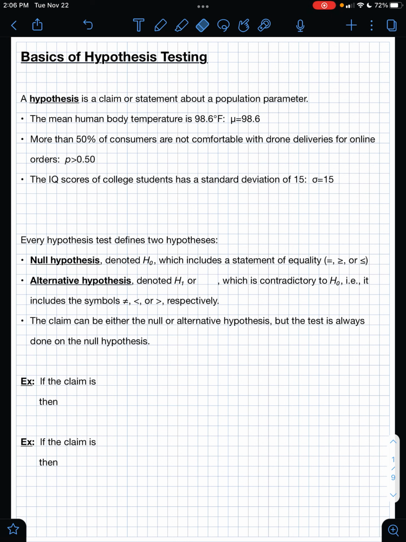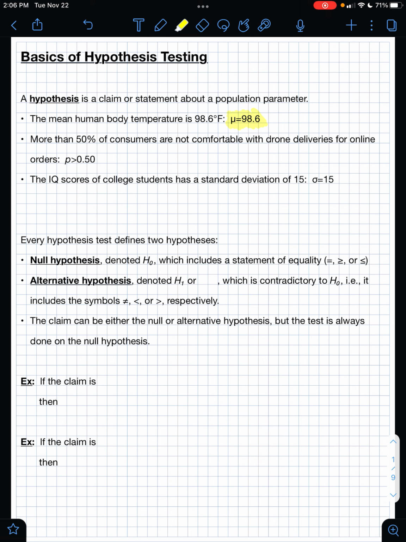So, a hypothesis is a claim or statement about a population parameter. For example, the claim that the mean human body temperature is 98.6 degrees Fahrenheit, or that mu is 98.6.